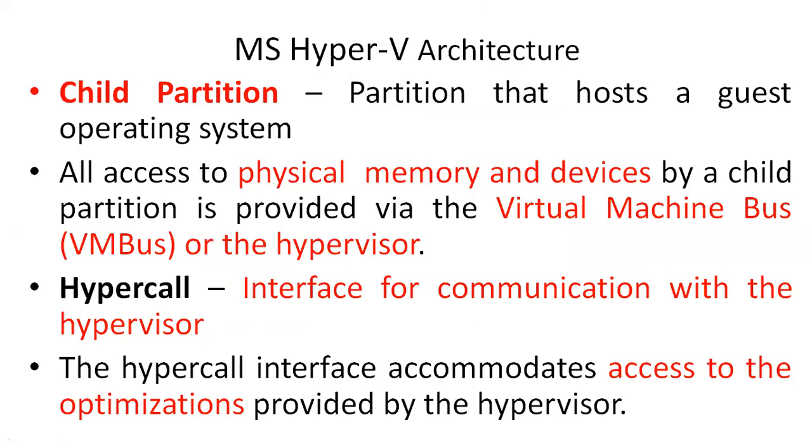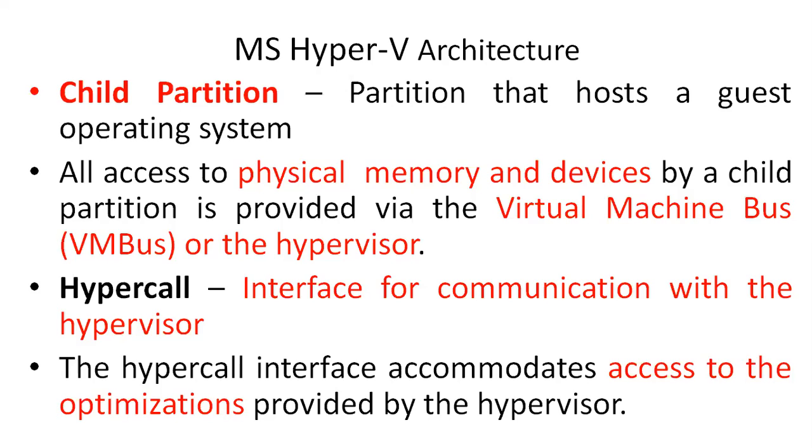Any access to the physical memory and devices by the child partition is provided via the VMBus. Because you are hosting only the guest operating system, you access the physical memory and the devices through the virtual machine bus. With the help of the VMBus only, the child partition accesses the data.